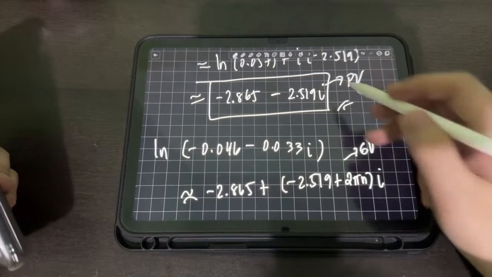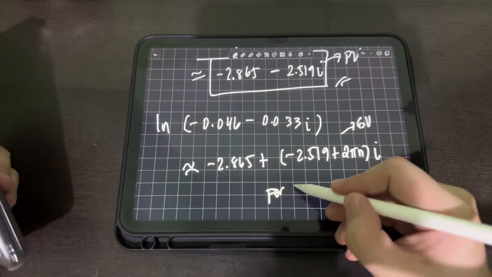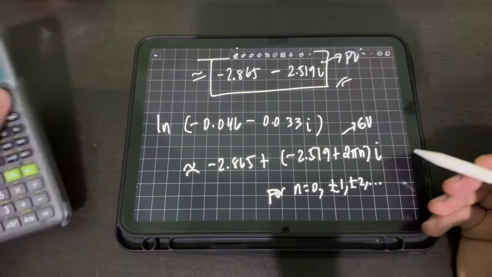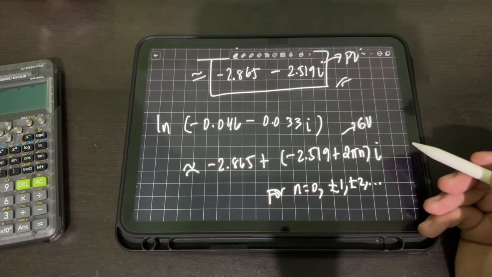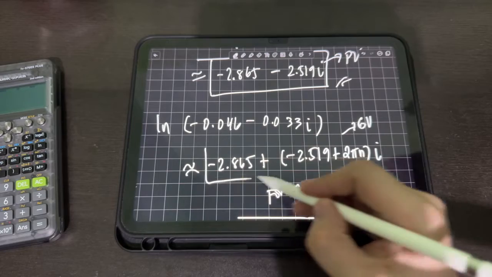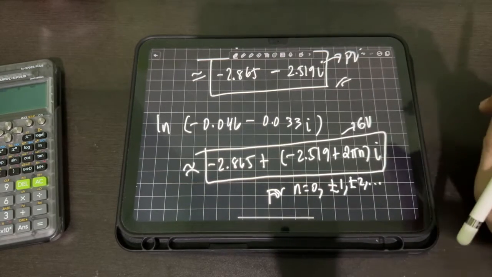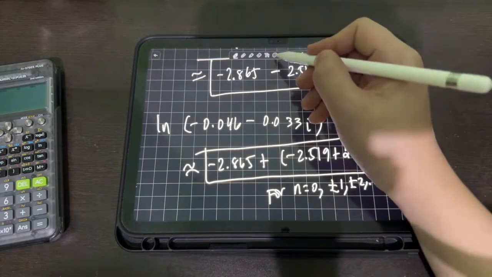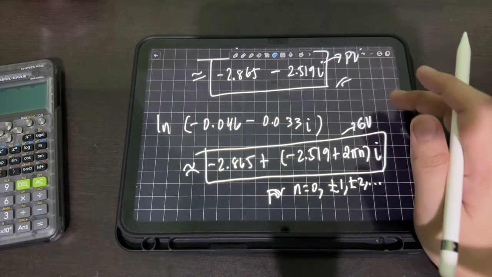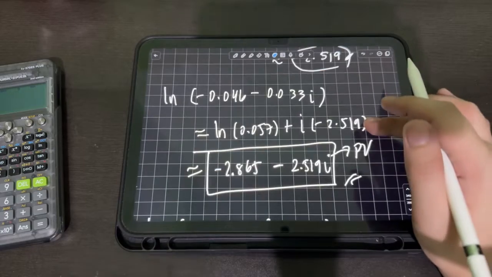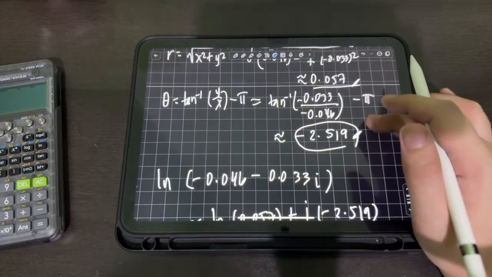So this is the general value for n equal to 0, plus or minus 1, plus or minus 2, and so on. So this is the general value for the arc cosh. So this is the first set of answers, right? Remember, just like in the arc sinh, arc cosh also has two sets of answers due to the presence of the square root in the formula.